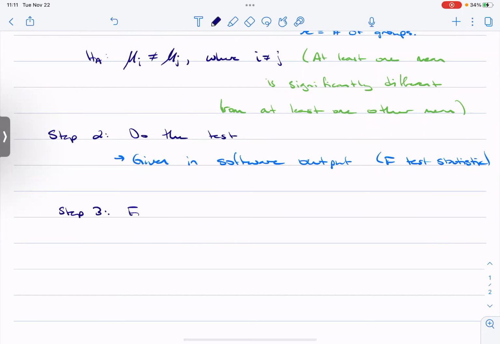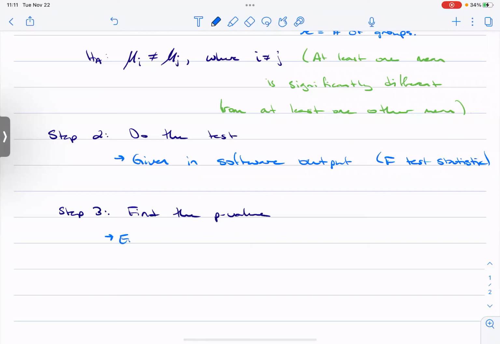Step 3, find the p-value for an ANOVA, right? Usually it's given in the software output. If it's not, if you have an F test statistic, you can use that probability calculator.